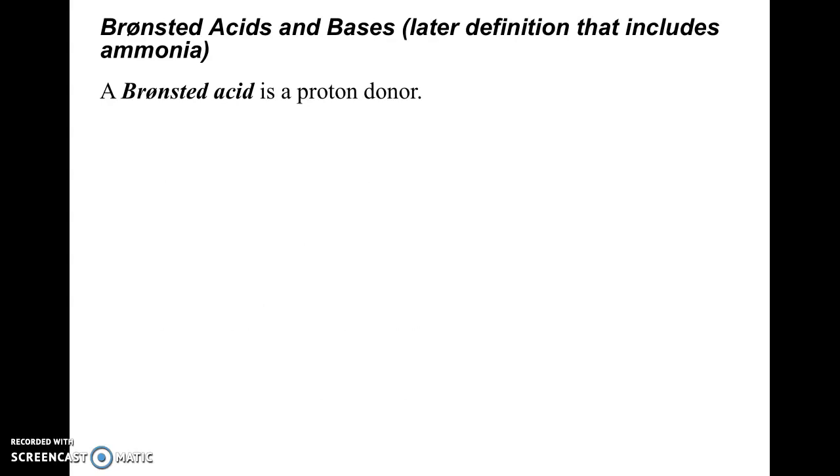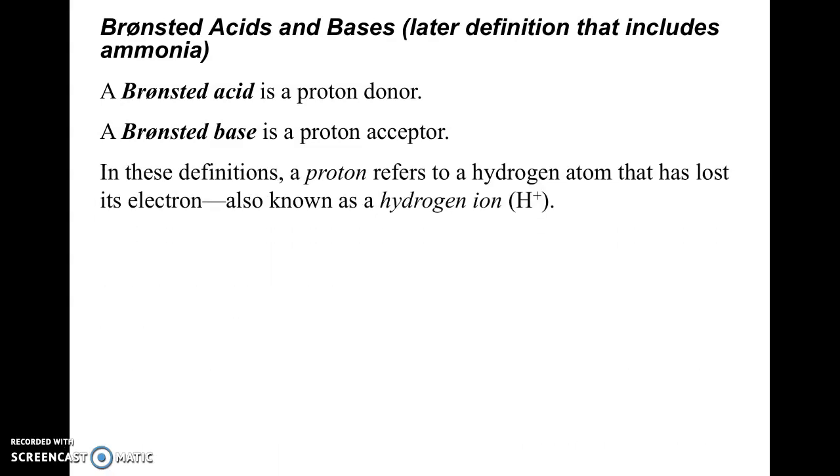And that is that a Brønsted acid is a proton donor. So obviously, if it produces H plus like HCl, then it's a proton donor. And a base is a proton acceptor, so you still can get acid-base reactions.